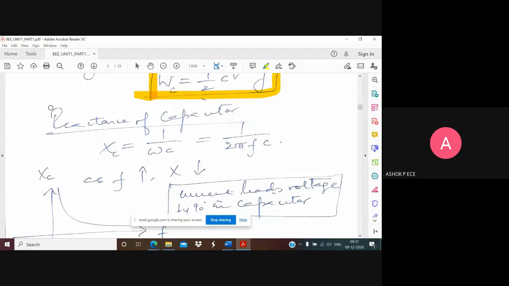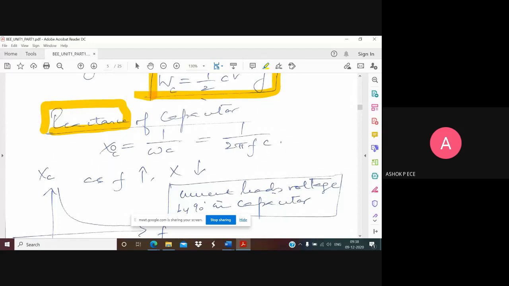And capacitance has, just like how resistance opposes the flow of current, and the magnitude of R says how much current is flowing in a circuit, right? In the same way, capacitance also has a term called reactance. Reactance is how it behaves with AC voltage.